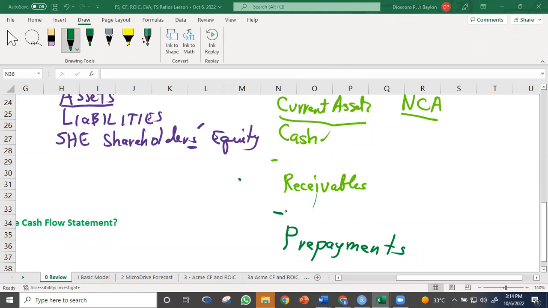For manufacturing companies, ito yung pinaka importante sa kanila kasi bread and butter nila. Okay, anyone? Okay, correct. Thank you. So again, Shikaina, thank you. These are inventories.